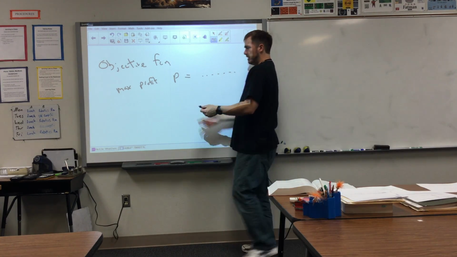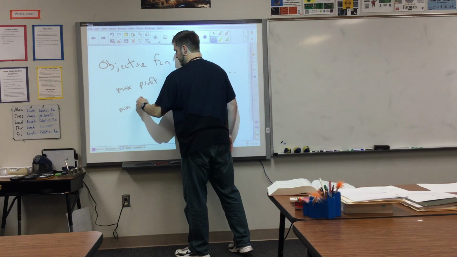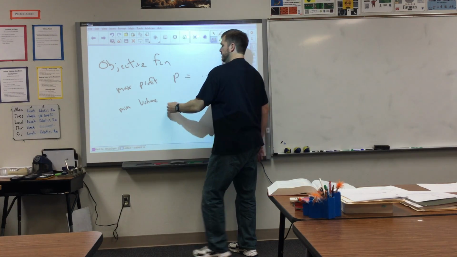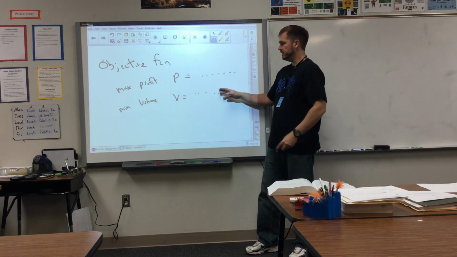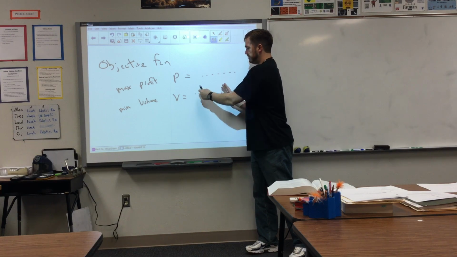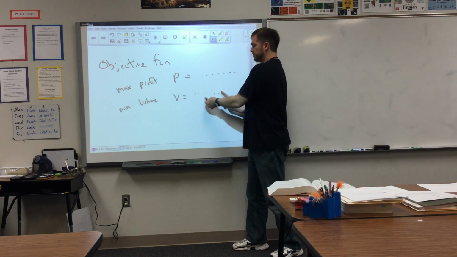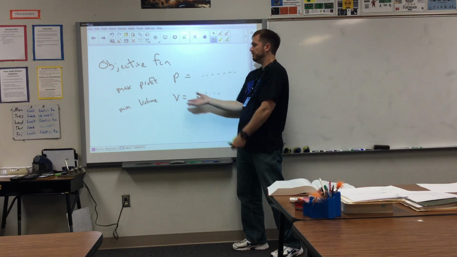If we wanted to minimize the volume of something, then we would have V equals some other stuff, and we would want to figure out what numbers need to go here in order for it to be the absolute smallest.